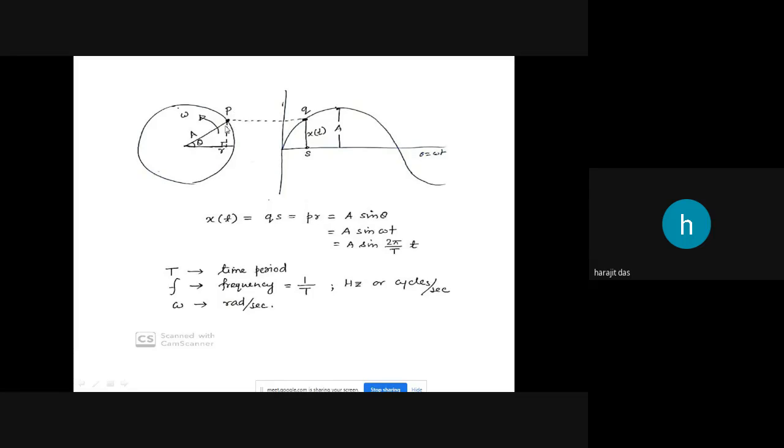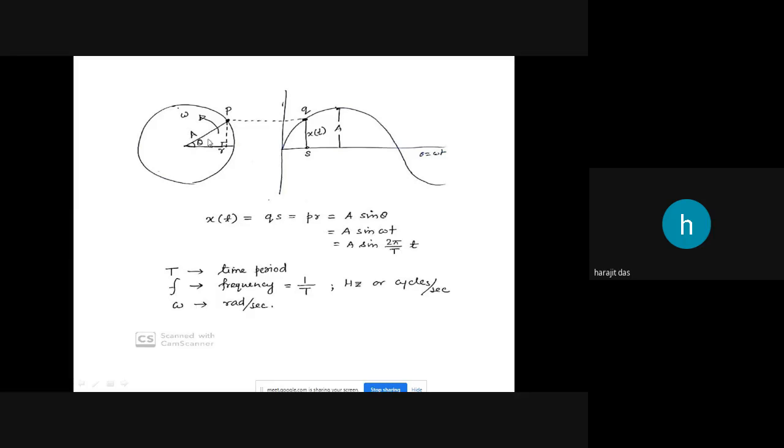So what is PR? Because this is a right angle triangle, and the maximum displacement is capital A. In the last figure I told you that this radius is r, but actually this is capital A, so that was a mistake. This radius is capital A, the maximum amplitude of the particle.